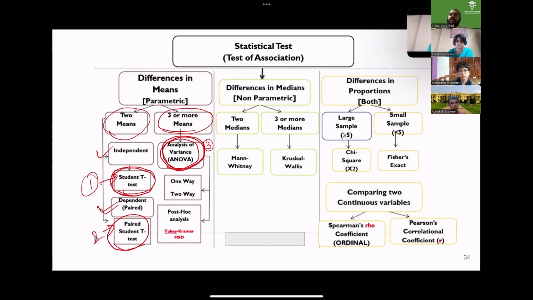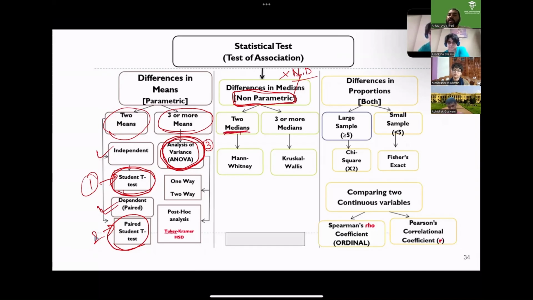Okay. Next is when our data is non-parametric, the test we are using. We do not have the normal distribution. That is lacking. Hence, we are sticking to medians, right? Median.